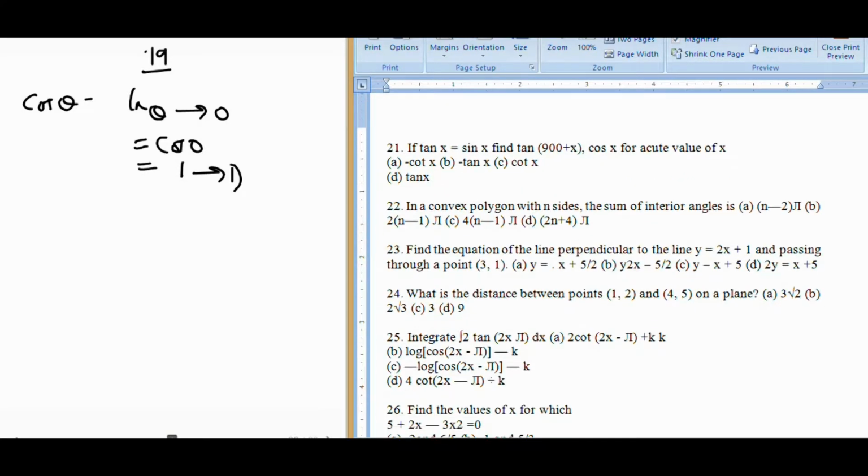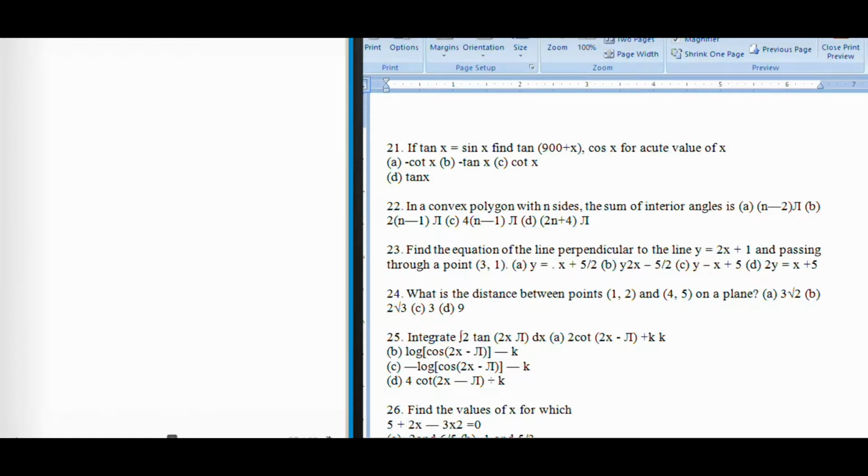If you look at the next question, if tan x is equal to sine x, find tan (90 minus x).